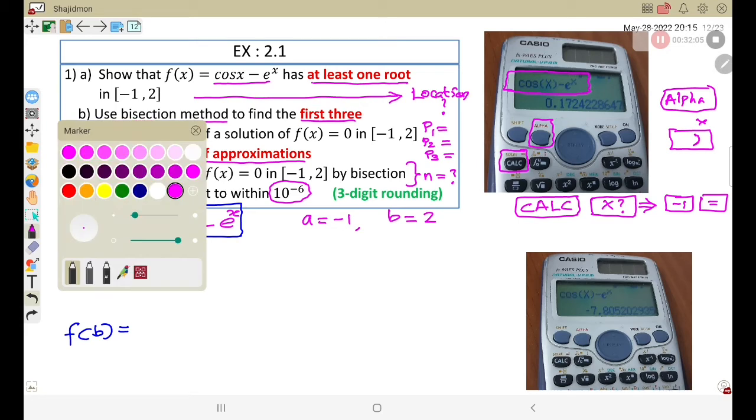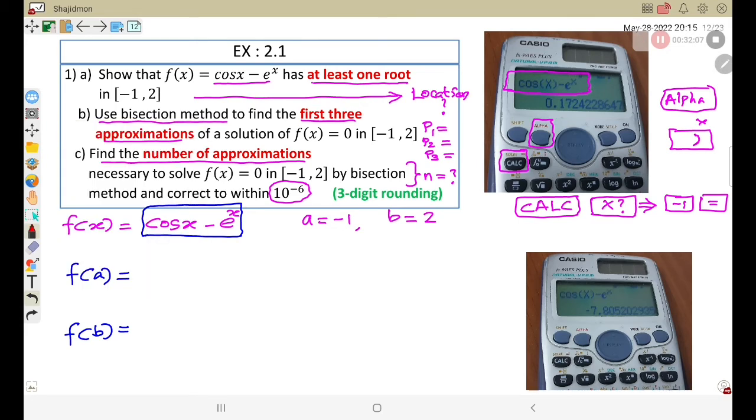Once you press equal to, you will get in the calculator this number, 0.1724228647, correct? Calc minus 1 equal to. Only take 3 digits rounding, because all the calculation is 3 digits rounding, as given in the question.